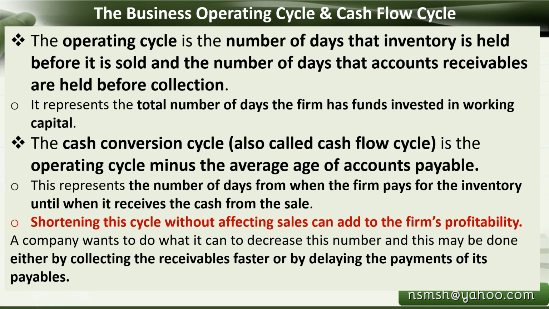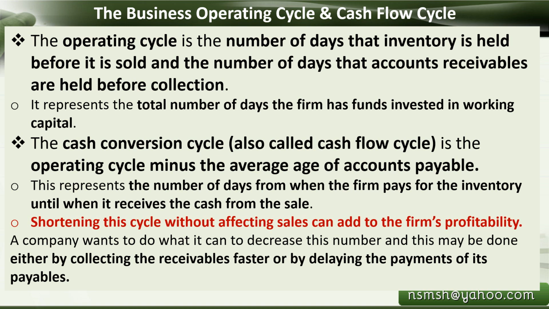In the cash conversion cycle, inventory is converted into cash; in most cases it is converted into accounts receivable, and accounts receivable by collection are converted into cash, and that cash will again be disbursed against the accounts payable.